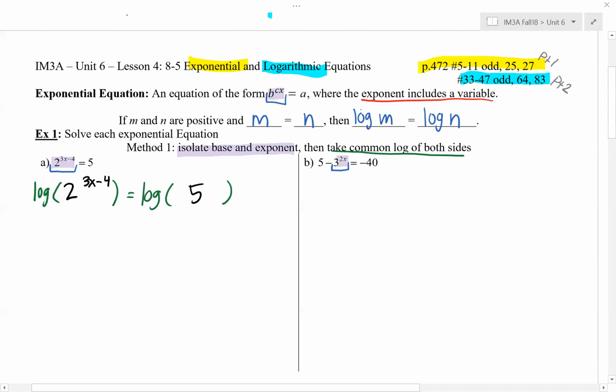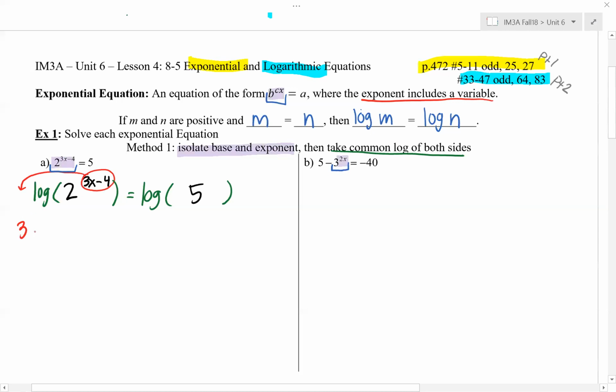The reason that we're going to take a log is because a log allows us to move the exponent. Okay, so the big idea here is I want x to not be in a power anymore. And so this gives me the opportunity to move that x into the front of the log, or our entire exponent.